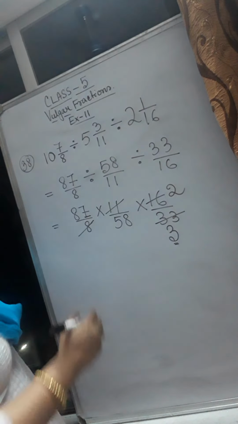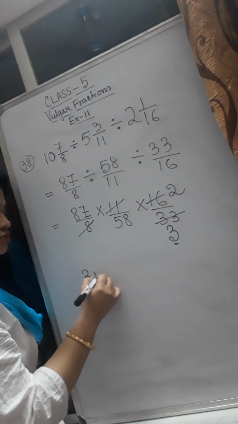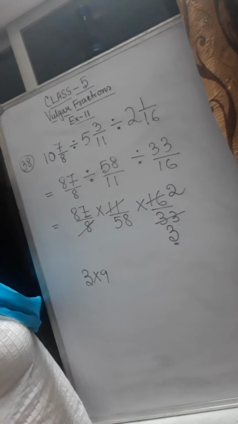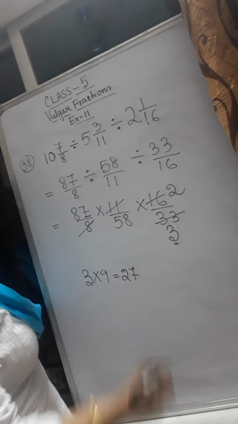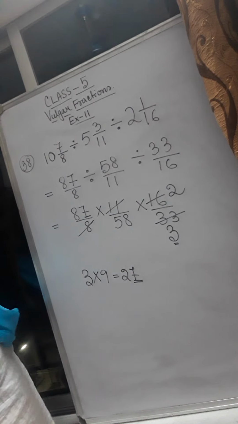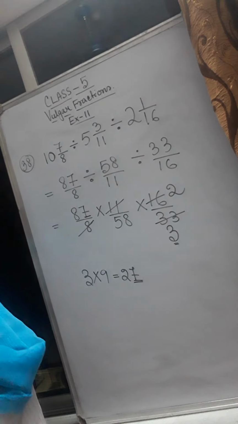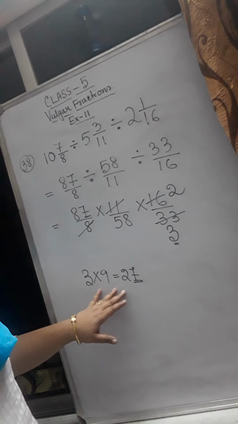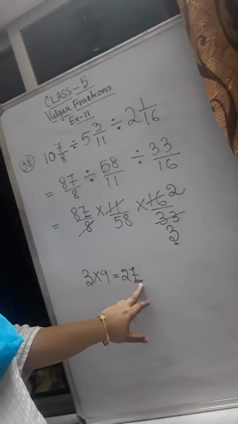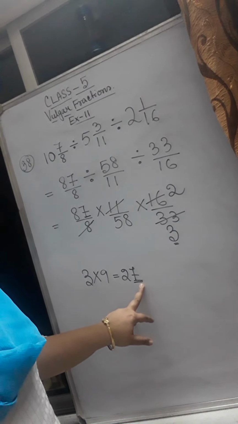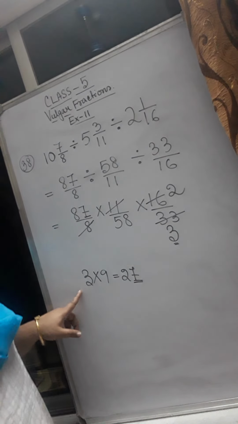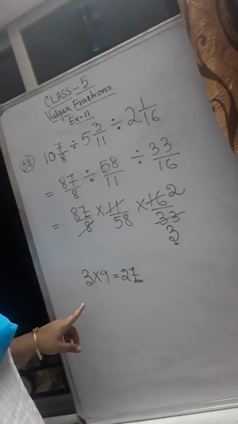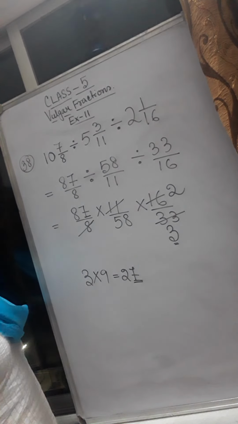Now there is one number, that is 3 into 9, gives you 27, 7 in the end. Okay. So 3 into 9 if you do, it gives you 27, and 7 can come in the end in 3's table. So what will you do? You will try out higher numbers of 9.